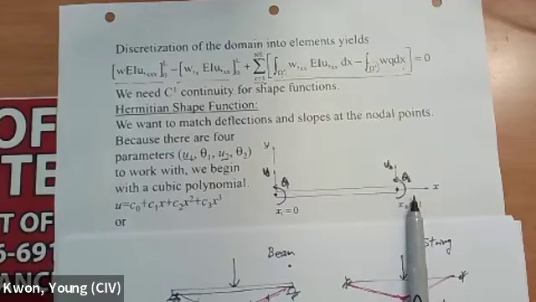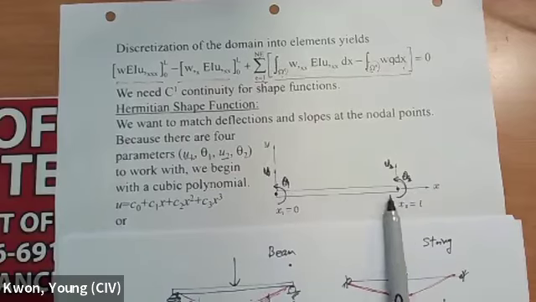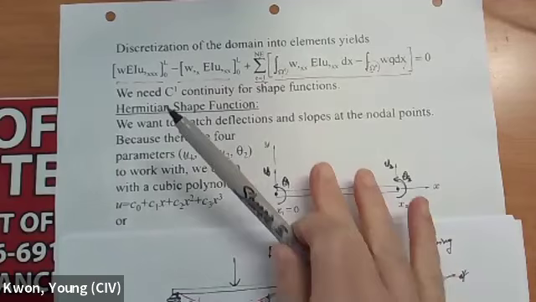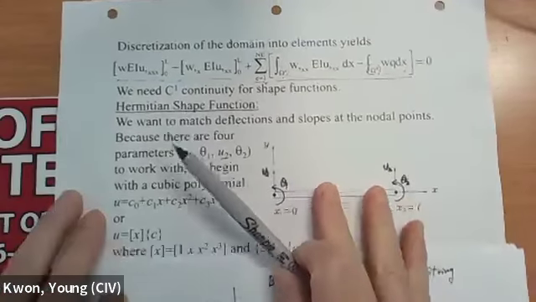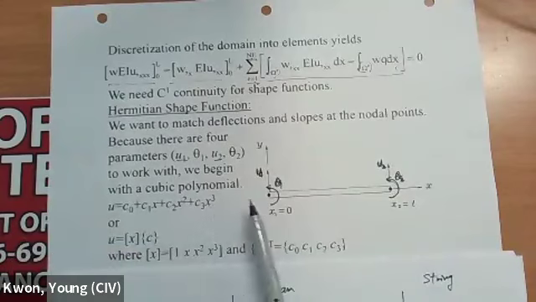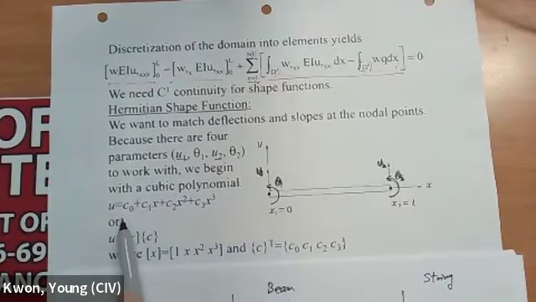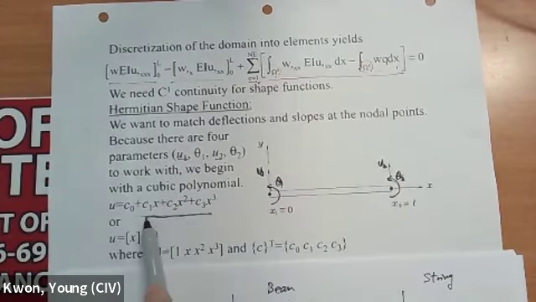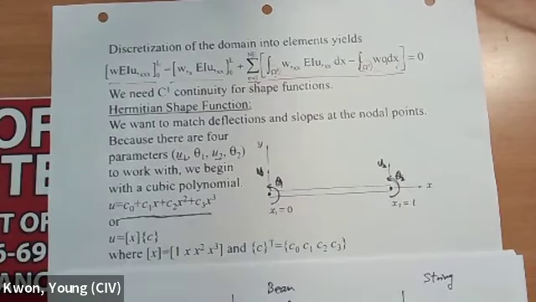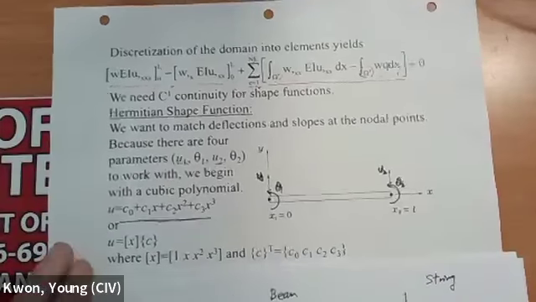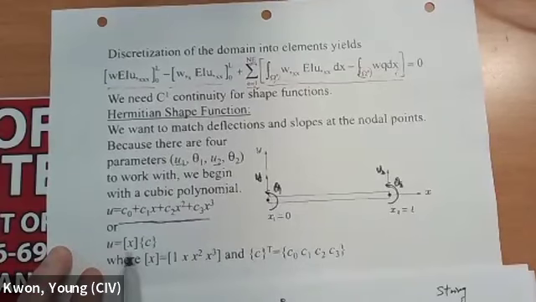If you have 4 degrees of freedom, then obviously the minimum order of polynomial to interpolate this uniquely is going to be a cubic polynomial. Cubic polynomial.